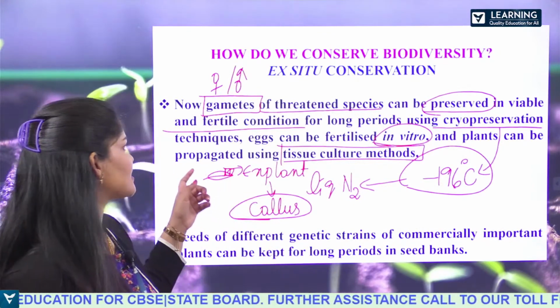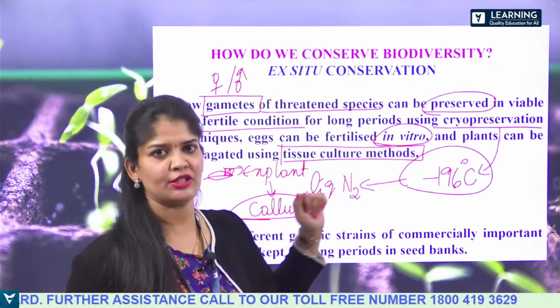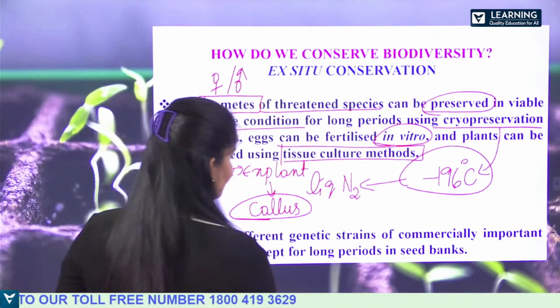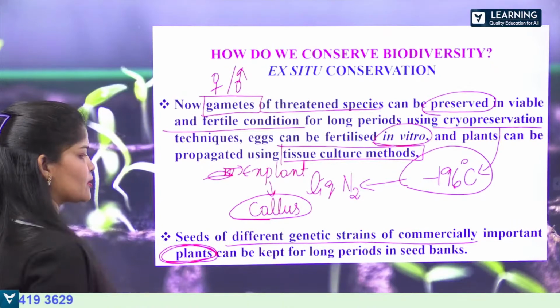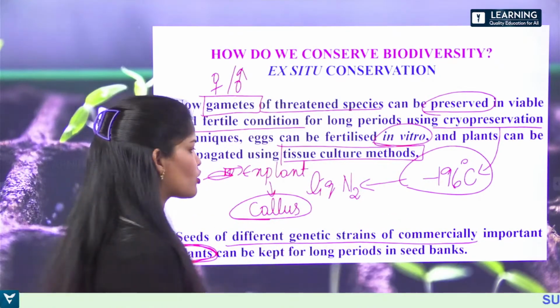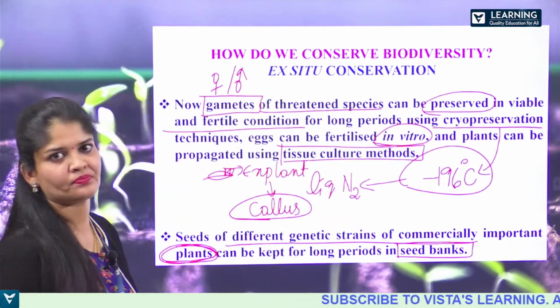That is what we call propagation, micropropagation, propagation by using plant tissue culture. And also, seeds of different genetic strains of commercially important plants can be preserved by keeping them in banks, which are called seed banks, for longer durations.